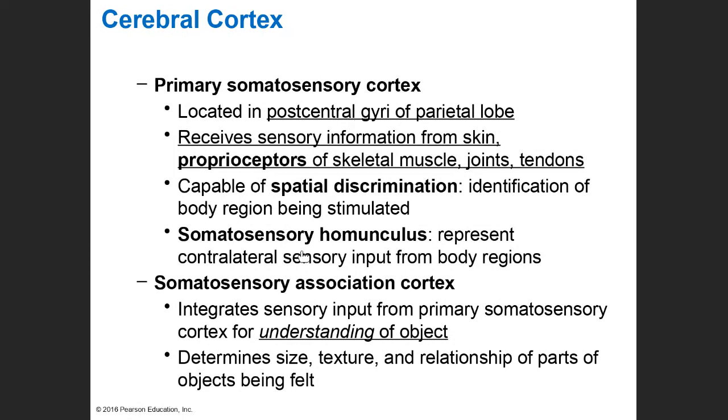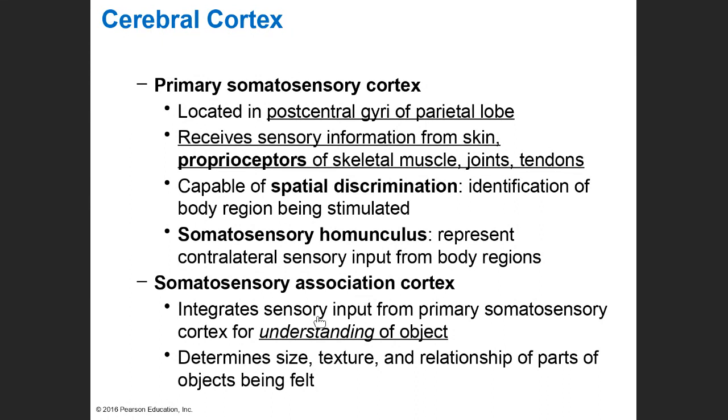We also have a somatosensory homunculus, where in this postcentral gyrus you can specify specific parts of it with specific parts of the body, where sensation coming from those parts of the body will synapse in those exact parts to represent them. Again, just indicating to you the level of specificity going on here in the cortex.